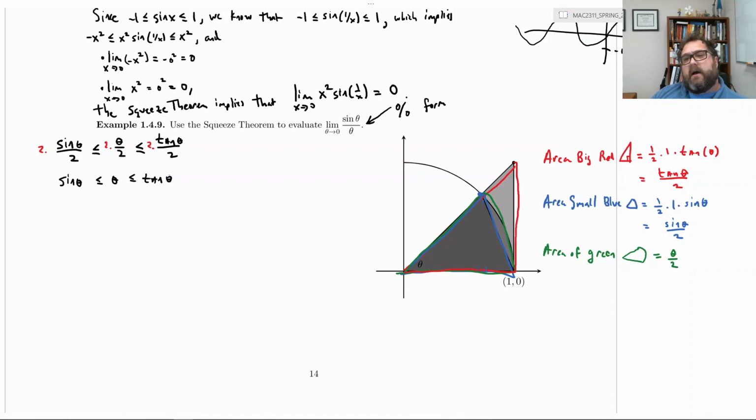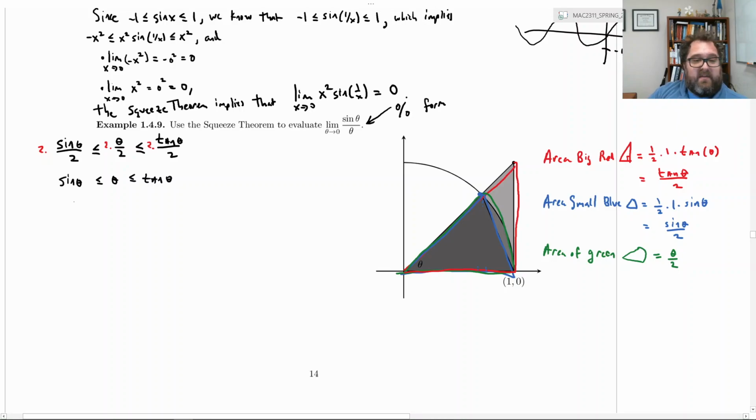So what if we inverted this? Now, if you invert an inequality, like if you take the reciprocals of all the terms, that's fine as long as you reverse the inequality signs.